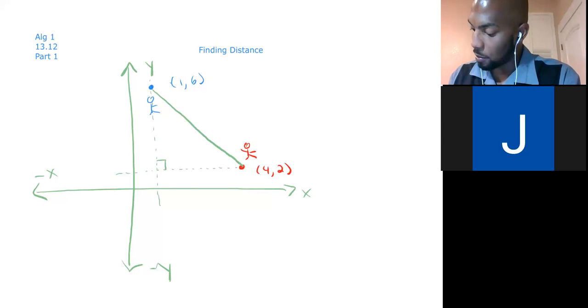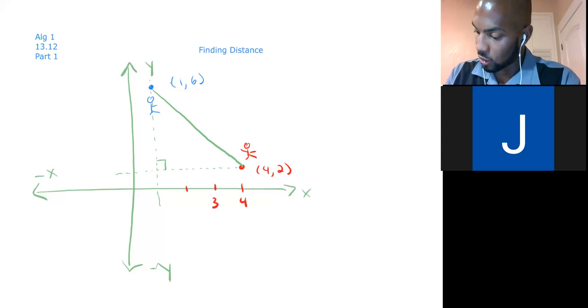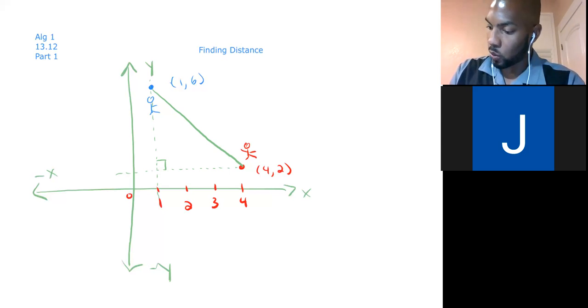Now let me take some time to fill in some of the points here. We said this was x equals 4. So let's say that's 3, that's 2, that's good for a place for 1, and of course 0. We set up here as 1, 6, so let's say that is 6 for y. We can draw some more space. 5, 4, 3, oops, 2 is way down here, 2, and 1.